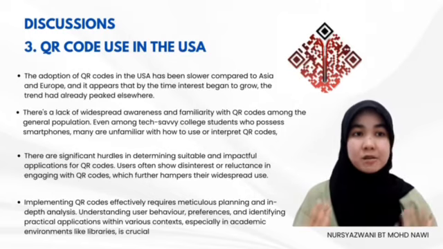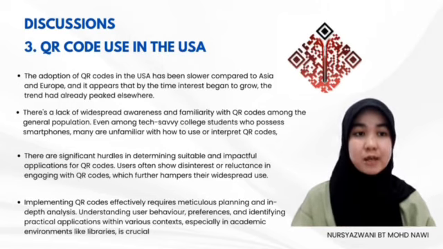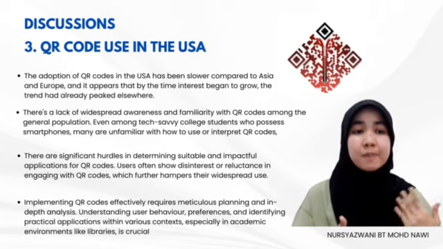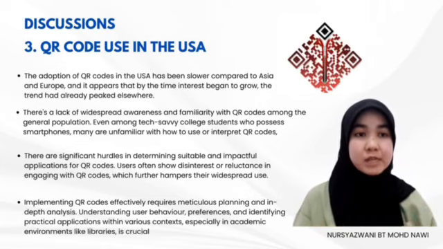So, understanding user behavior and preferences and identifying practical applications within various contexts, especially in academic environments like libraries, is very important. It's also evident that simply introducing QR codes without a clear purpose or understanding of user needs may not yield the desired result.